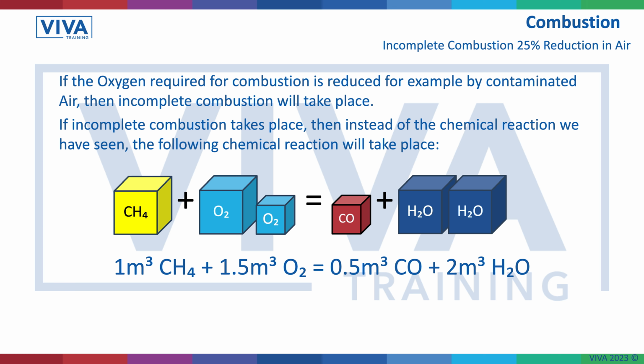This is where we get the carbon monoxide. So we'd get 0.5 cubic metre of carbon monoxide, and we still get the 2 cubic metres of water vapour. So this is the dangerous stuff. This is why we need to make sure we're getting enough air and enough oxygen into our appliances, into our boilers, our fires, our cookers, whatever our gas appliances are.